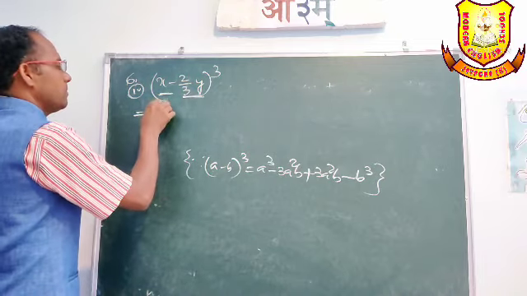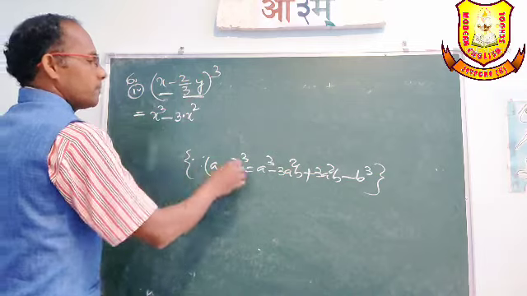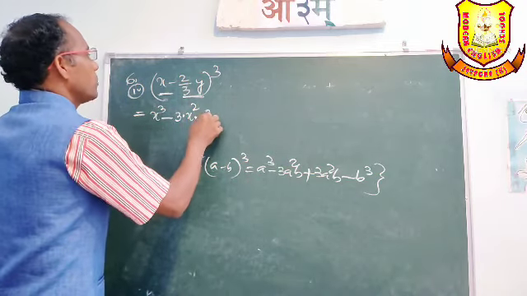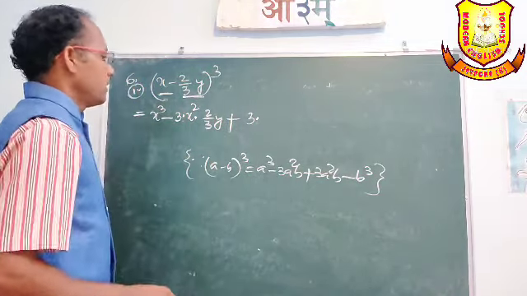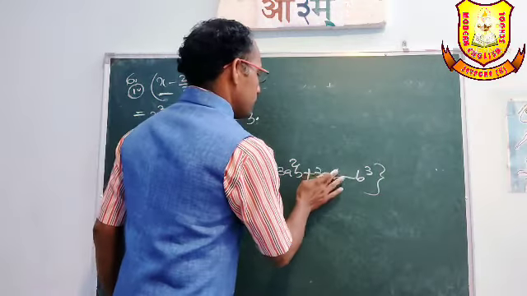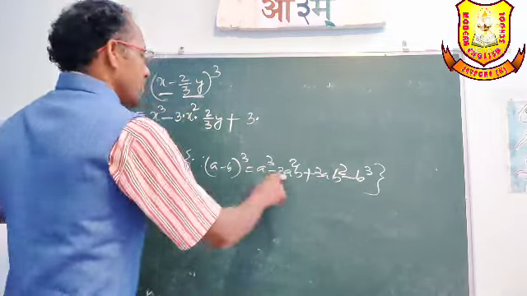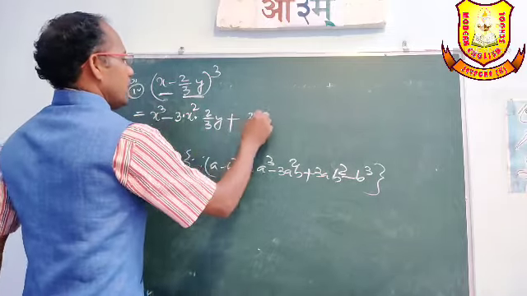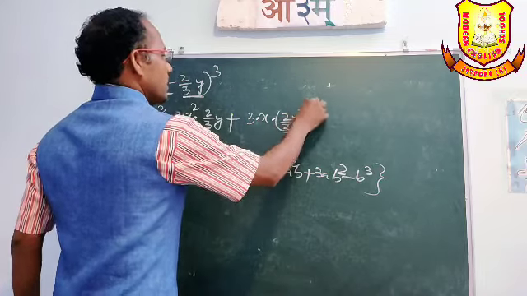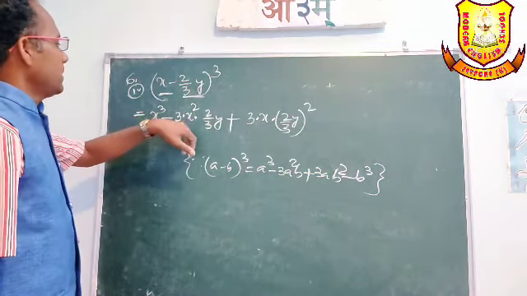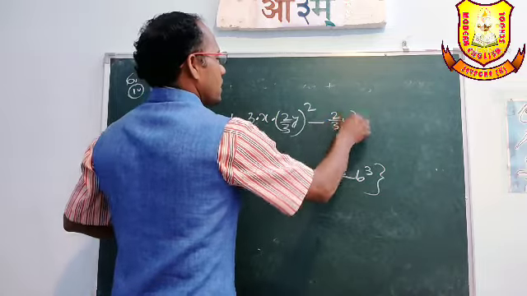So a equals x, b equals 2 by 3y. Then a cube minus 3a square b plus 3ab square minus b cube, with b equal to 2 by 3y whole cube.